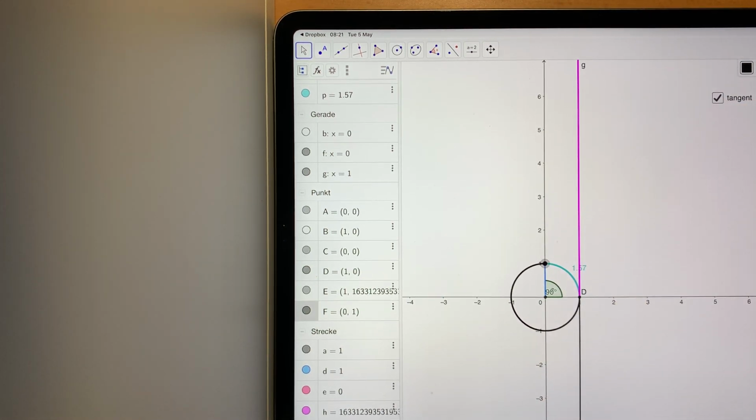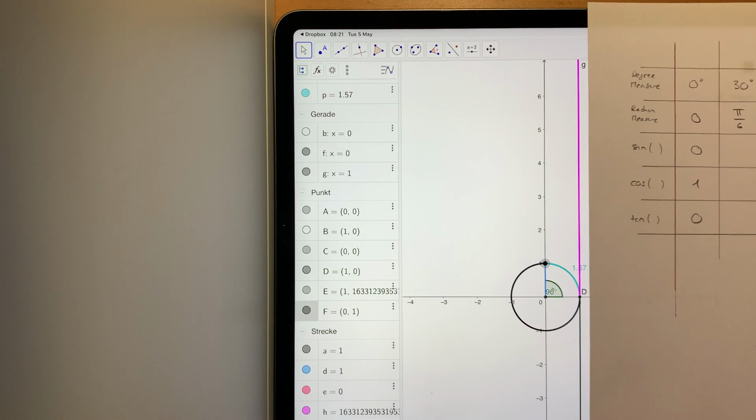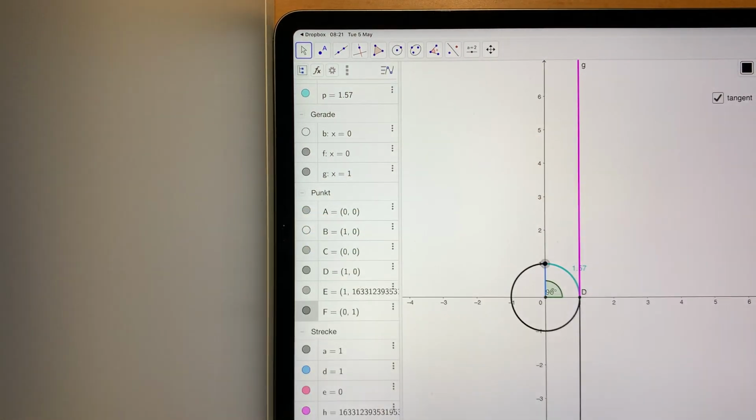So at 90 degrees, sine will be 1, cosine will be 0, and tangent does not exist.